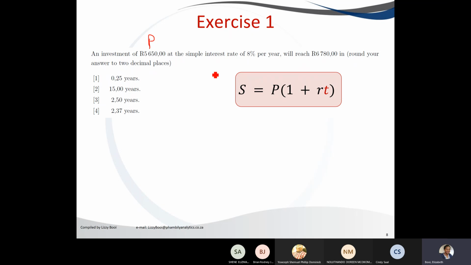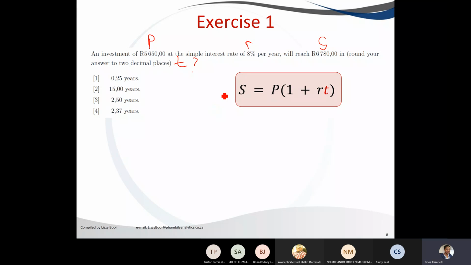We are given the interest rate, which is R. We are also given the future value, and we need to find T. So we just substitute the values into the formula.